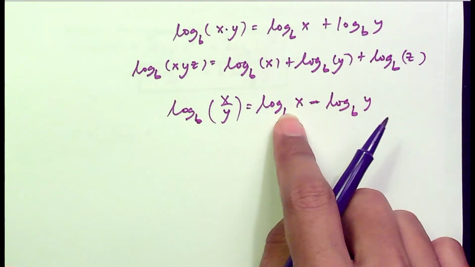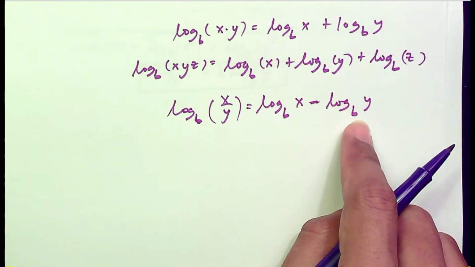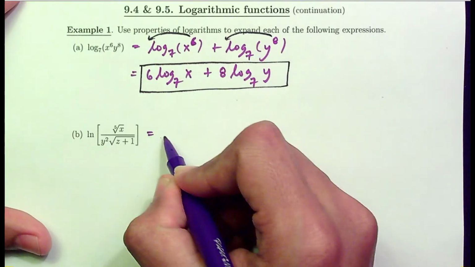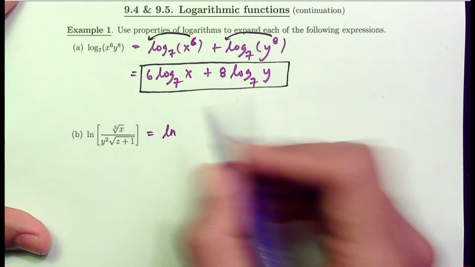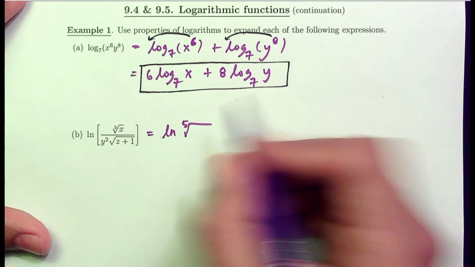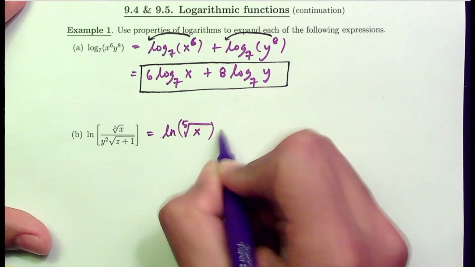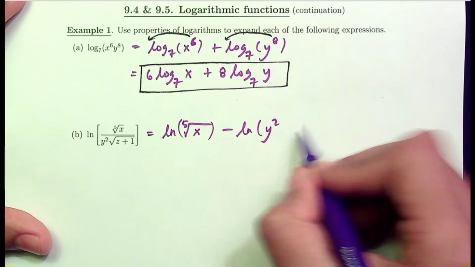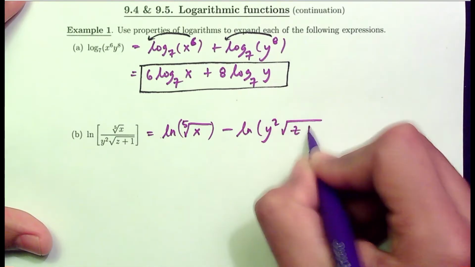So the logarithm of the top minus the logarithm of the bottom. That's what we're going to apply here. So this is going to be the natural logarithm of the top, which is the fifth root of x, minus the natural logarithm of the bottom, y squared square root of z plus 1.